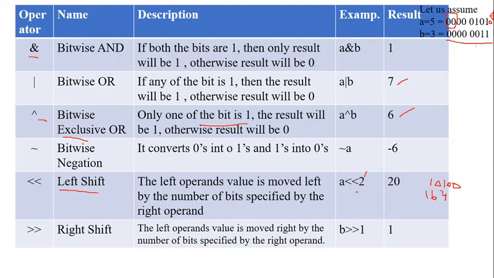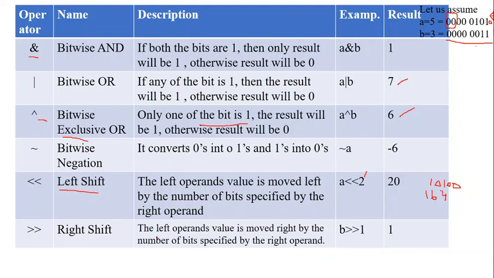So the left shift operator moves the bits the specified number of positions to the left-hand side and adds zeros on the right-hand side. In the same way, the right shift operator is nothing but division by 2.